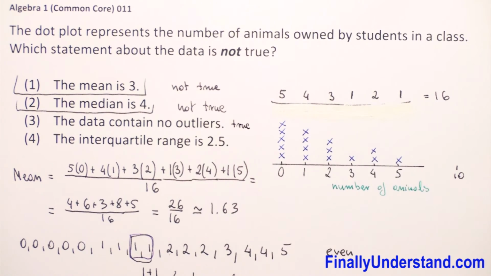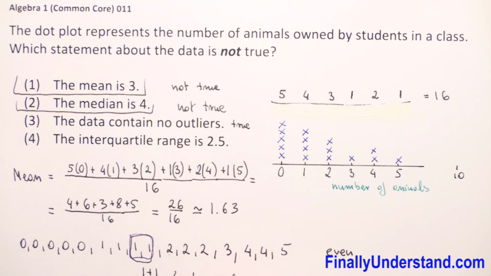And the last statement, we have that the interquartile range is 2.5. So to find this, first we have to put the list of numbers in order again. So let me copy again what we have given here. We have 0, 0, 0, 1, 1, 4 ones.